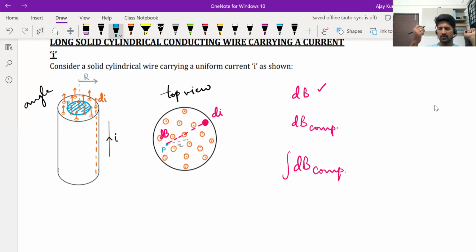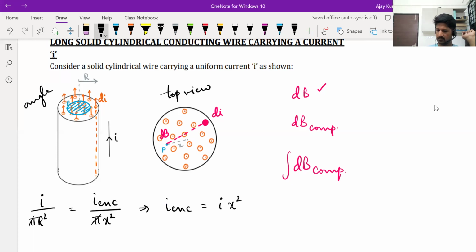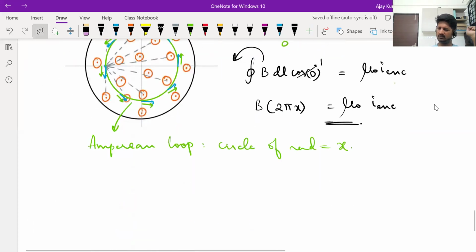And we know the current is distributed uniformly. So total current divided by total cross-sectional area should be equal to current enclosed divided by area enclosed by that circular loop. So the enclosed current simply becomes I x square by R square. And then you can get the magnetic field.